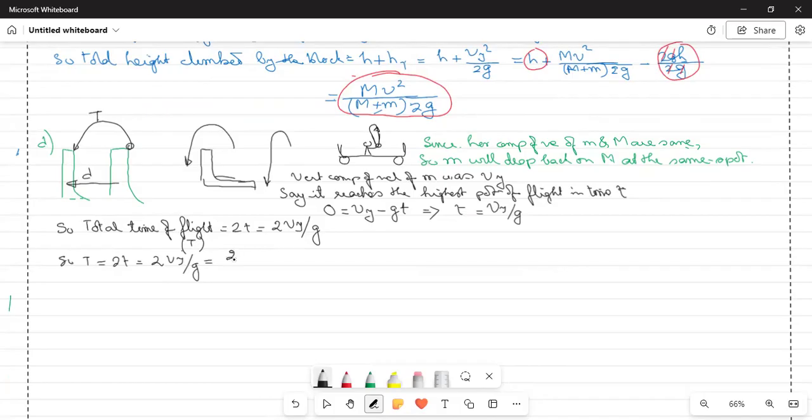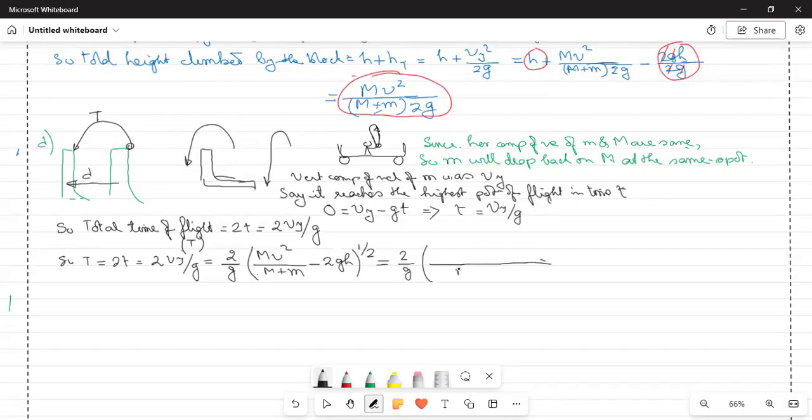So this is equal to 2 by g times m v square divided by capital M plus small m, minus 2gh, the whole to the power half.